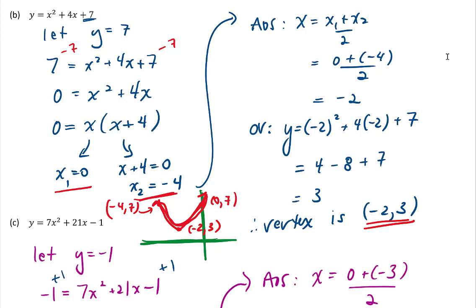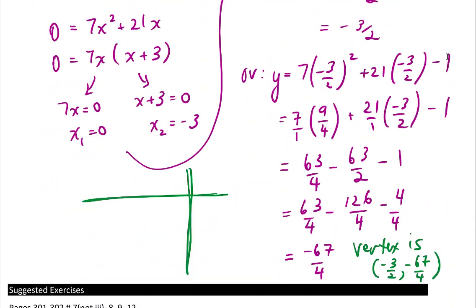The 3 points we have this time, so starting with the 0, remember we let y equal negative 1, so that's 0 and negative 1. We also found the second corresponding point as negative 3 and negative 1.